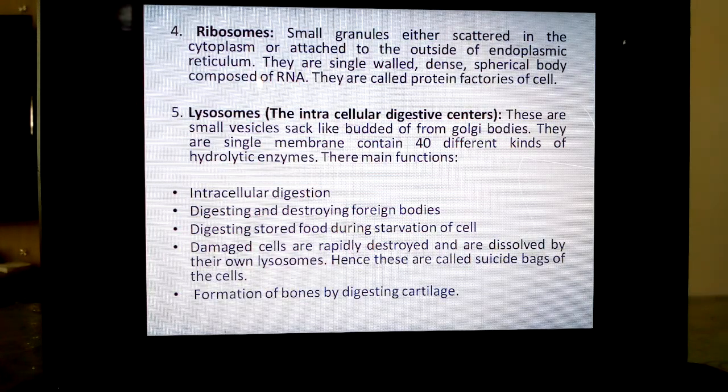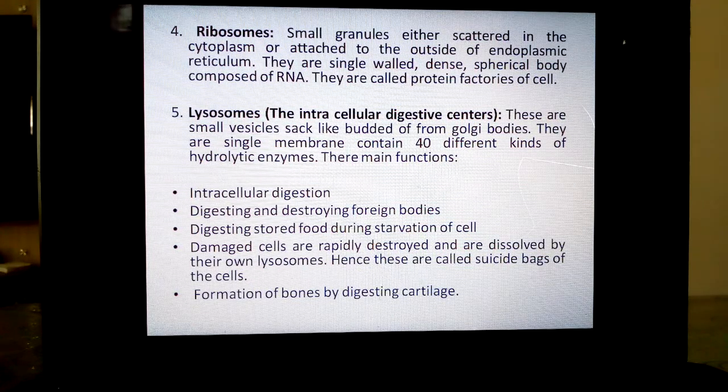These structures have many functions. Their main function is intracellular digestion, so the food is digested inside. Anything inside is called intra; from one cell to outside is called extra. This is intracellular digestion. Another function is destroying foreign bodies.